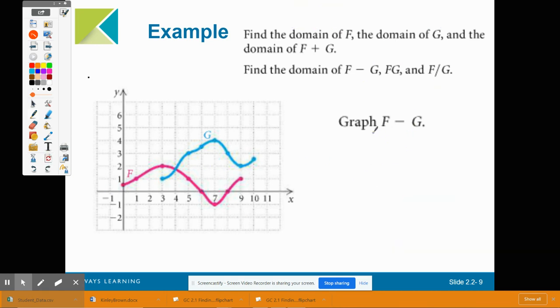And now they actually want us to graph f minus g. So what I'm going to do is take the pink graph and subtract the blue graph. So on this first line right here, I'm going to take the pink number, which is 2, minus the blue number, which is 1. 2 minus 1 is 1.